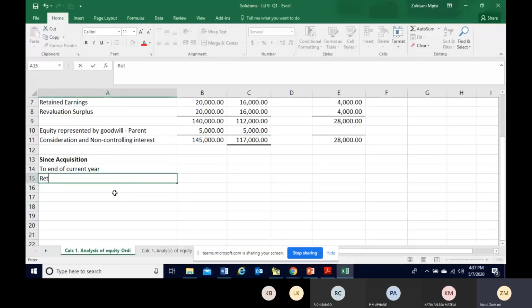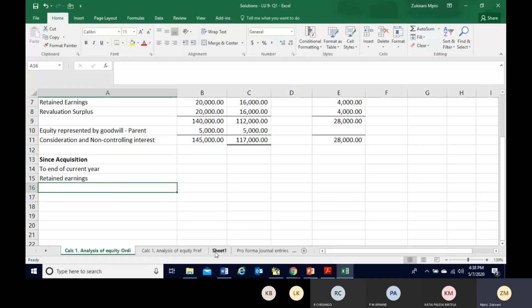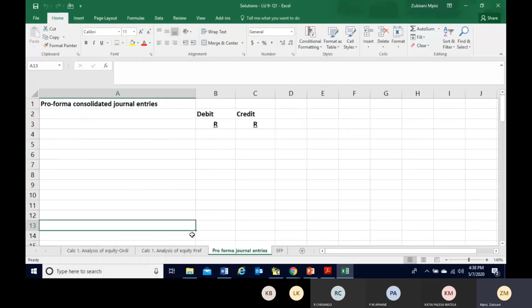The only reason why we're using retained earnings is because we've been given retained earnings. You can note as we're reading the information, it seems we've got some intra-group transactions that we have to account for. So to come back to this, we'll account for them. First, we have to go to calculation on them as pro forma journal entries. Then we'll come back again.